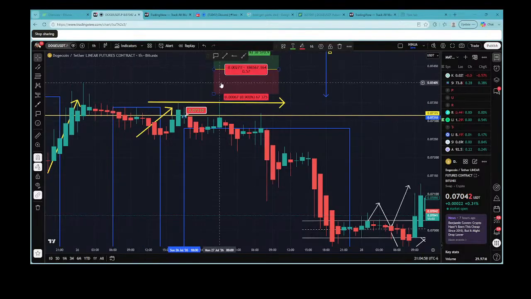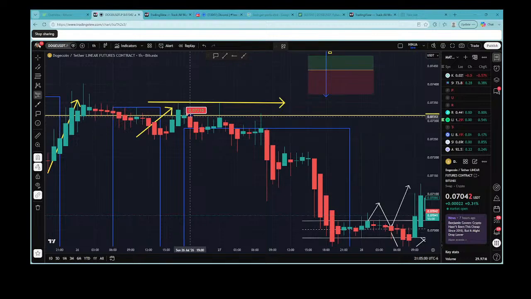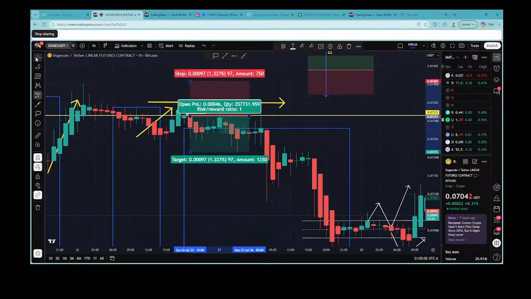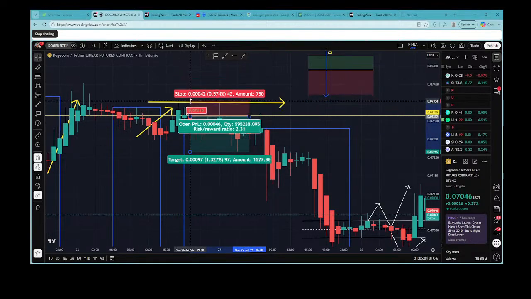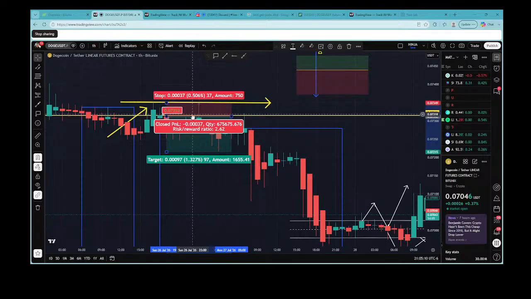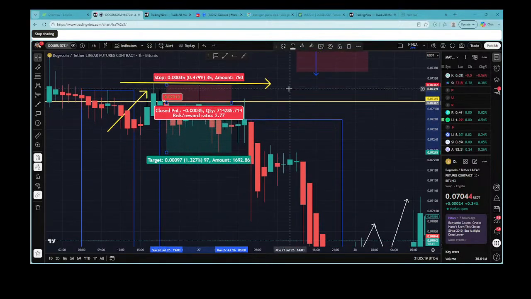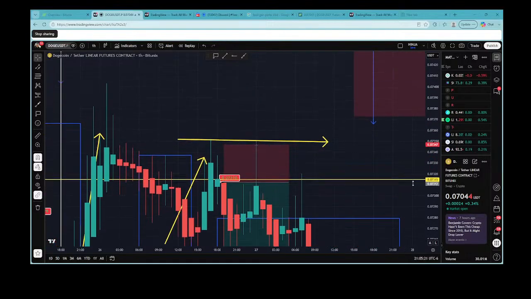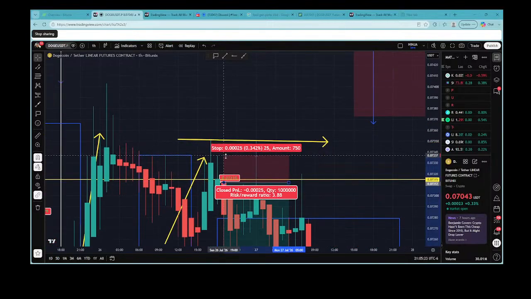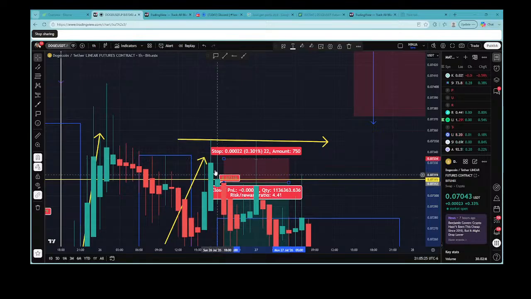If I measure this out from where the entry is, and that resistance doesn't fit my criteria, see how it's at a 0.1% or 0.5, I would want that to be more of a 0.3. The way I trade, I'm only allowed to give up a 0.3. Just to give you an example, if I'm making this trade based on my trade structure, I'm only allowed to give up a 0.3.